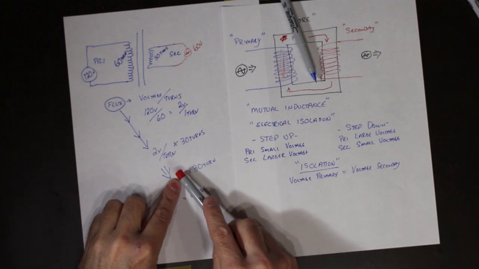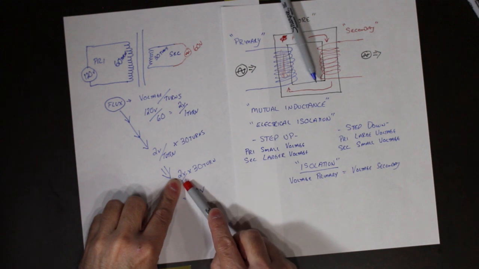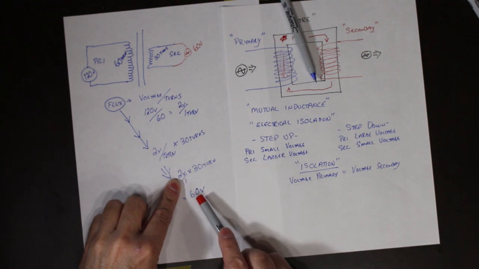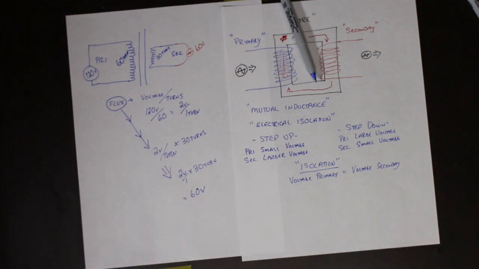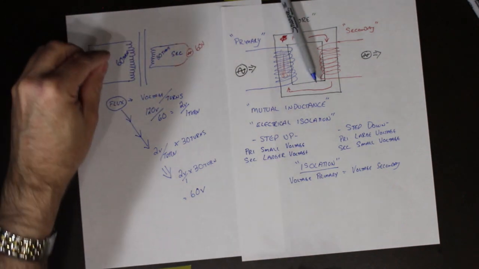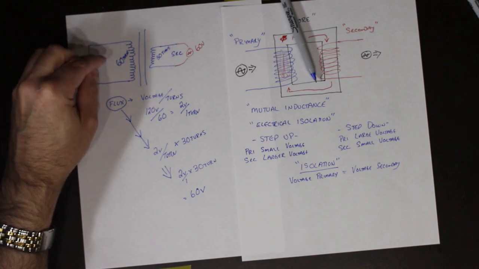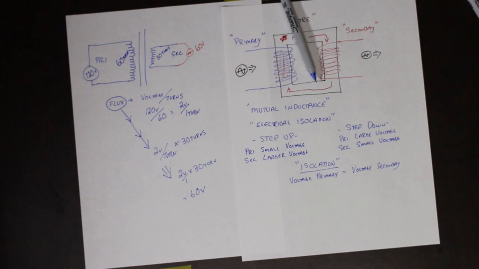So we have the strength of the magnetic field, which is 2 volts per turn. 30 turns gives us 60 volts. So this is a step down transformer. The value of voltage steps down, which means there are more turns on the primary side than on the secondary side.